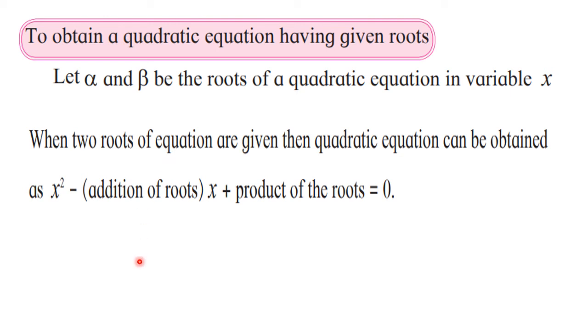In the previous reduced syllabus, we have seen what is alpha plus beta and what is alpha beta. So alpha plus beta means addition of roots, and alpha beta means product of the roots. So that we can write down here, and then the equation is like this: x square minus (alpha plus beta) outside the bracket x plus alpha beta is equal to 0. Take a note that here we don't have a.